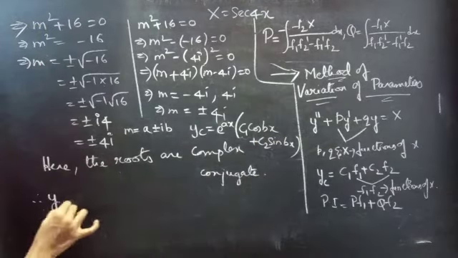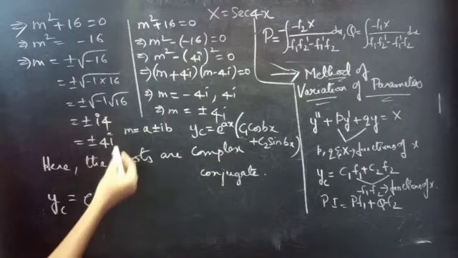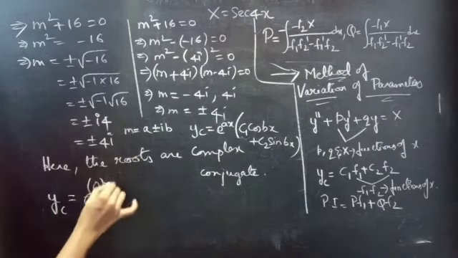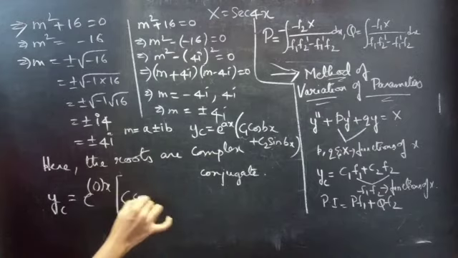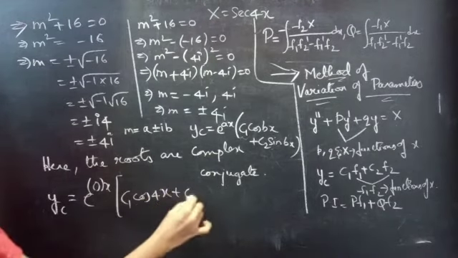Then our solution will be yc equals e power, for a you don't have any a here, so consider it as 0 into x, into c1 cos, in the place of b you have 4, so write 4x plus c2 sin 4x.